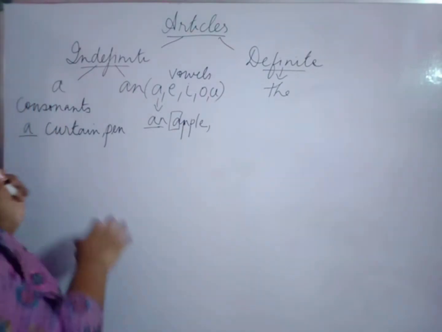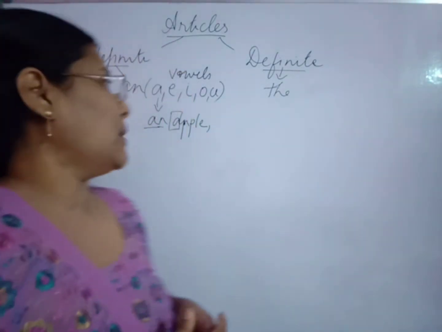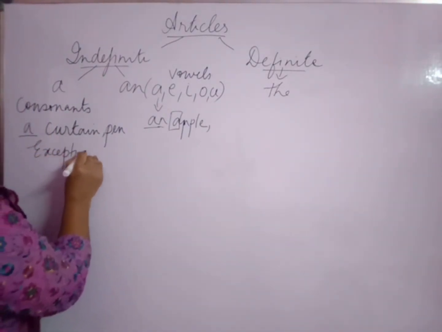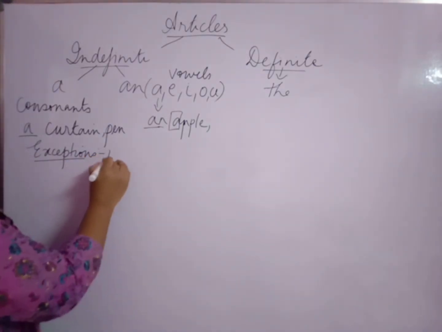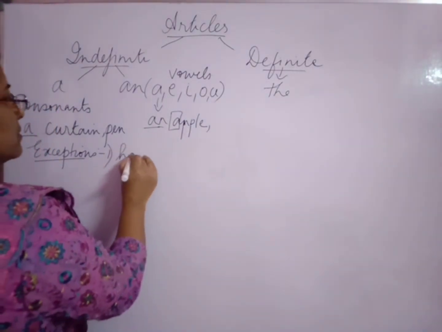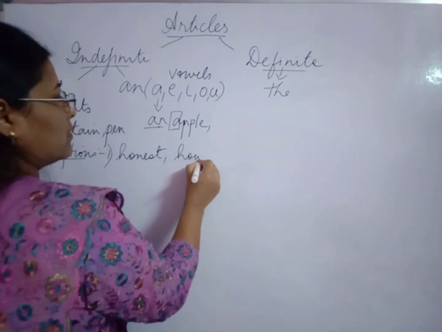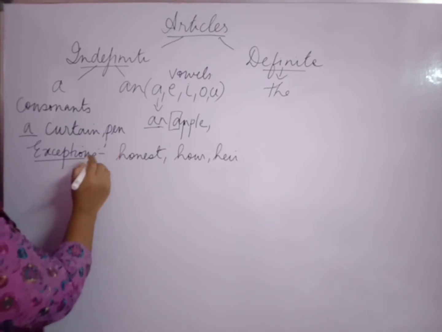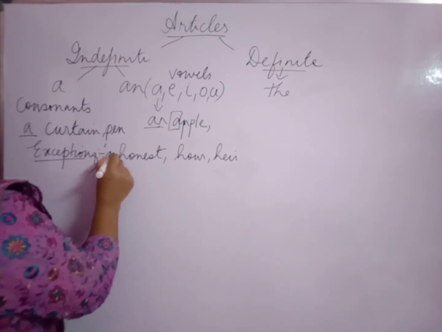Now this is not enough. There are some exceptions. Exception 1: there are words like honest, heir, hour. In front of these words, we put an.